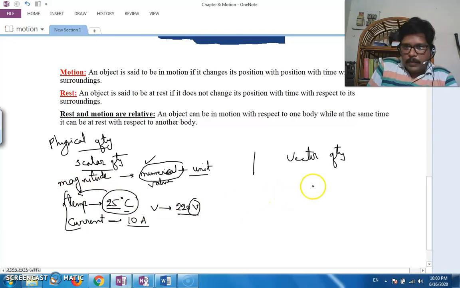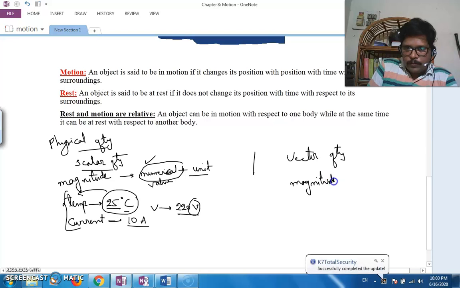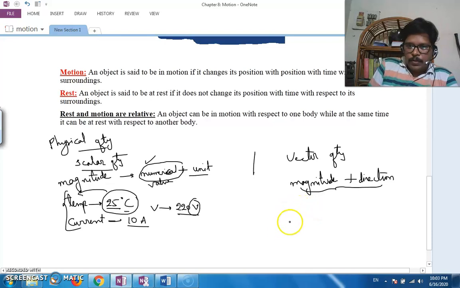So what is a vector quantity? Vector quantities require, for their complete definition, the magnitude along with direction. Those quantities are described by defining both magnitude as well as direction. For this I am going to pick a small example. This one is a mass kept on a floor.